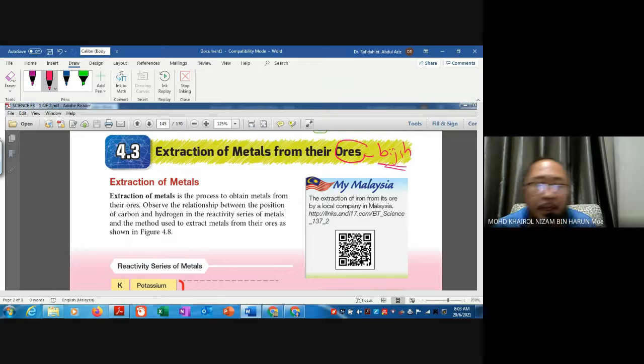Except silver and gold. Okay, silver and gold can be found naturally on their own as individual types of metals. So they are not combined with other elements to form ore.